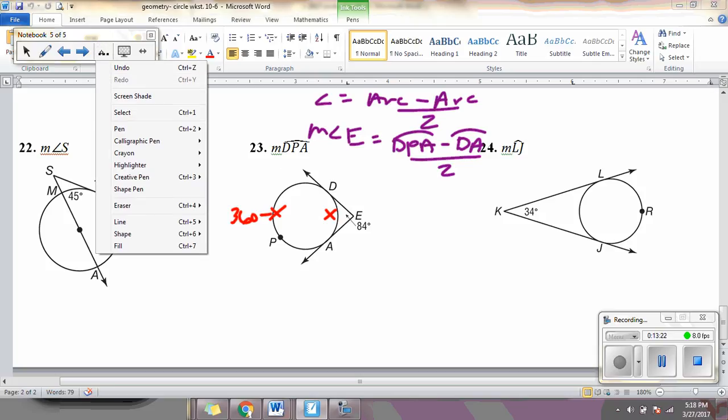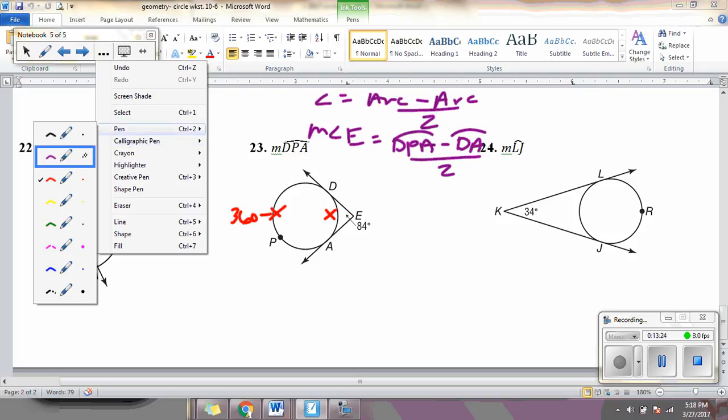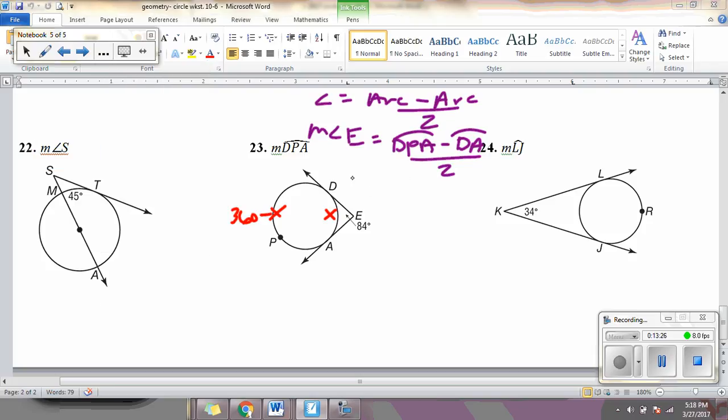So now I'm going to put everything where they belong. This is key, folks. Angle E will go on the left side of the equal sign.